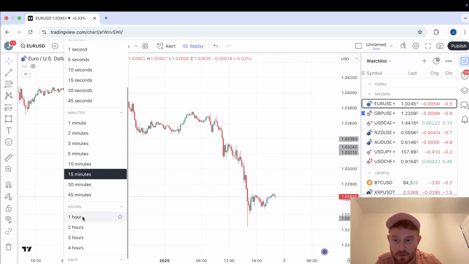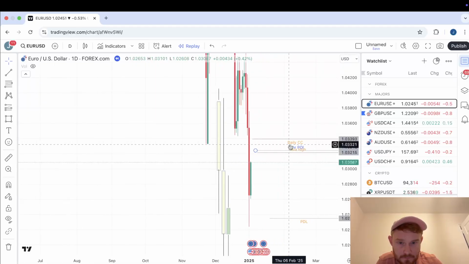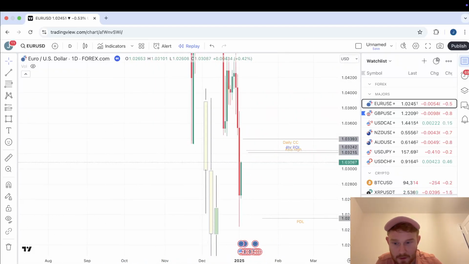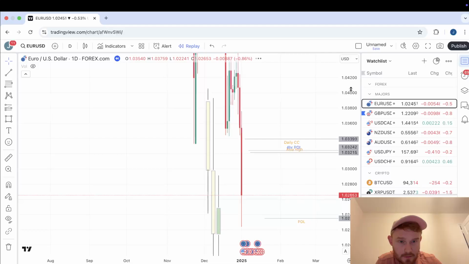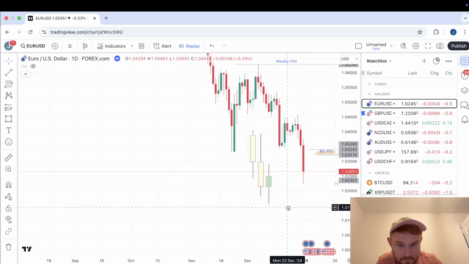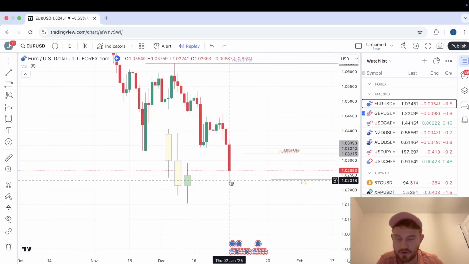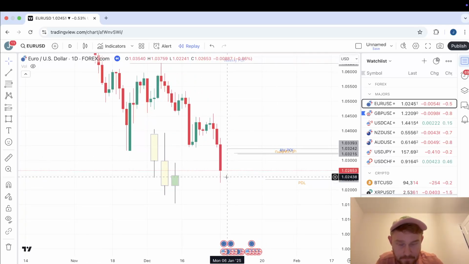And essentially what this is showing you, again, come back to my bar, is that there's still really strong bearish momentum.